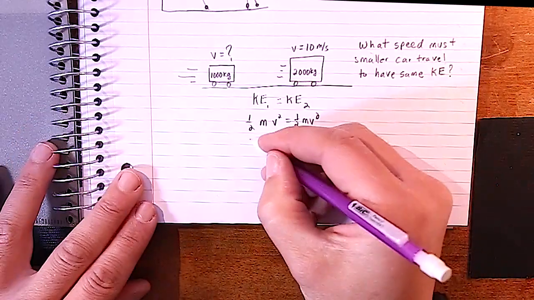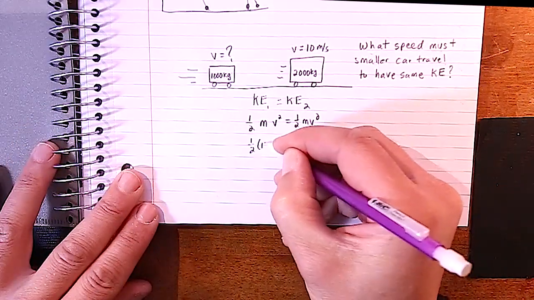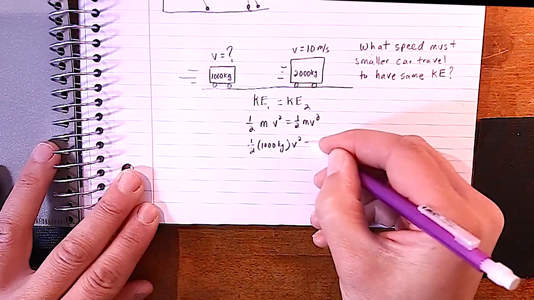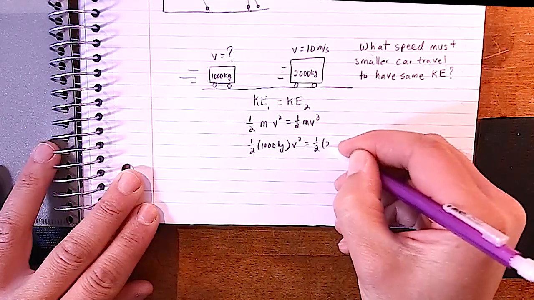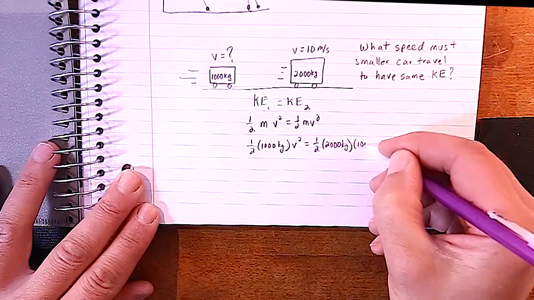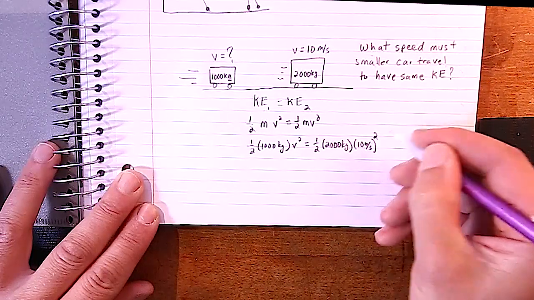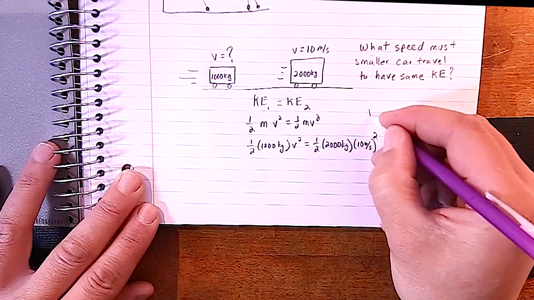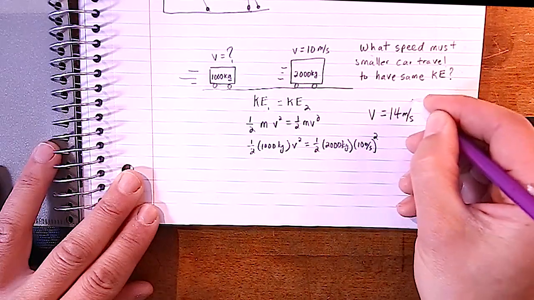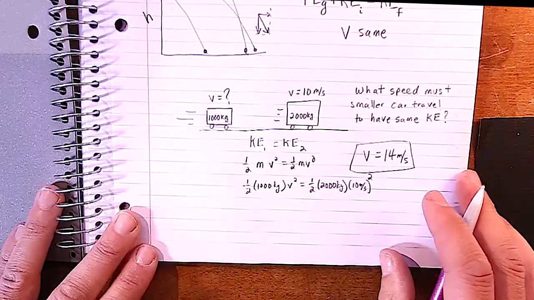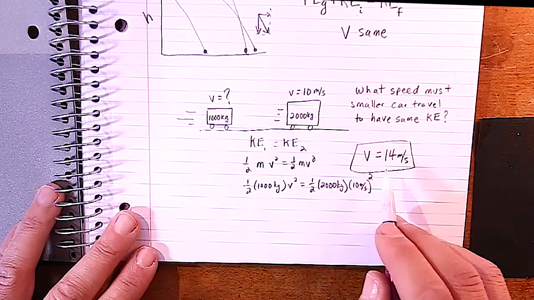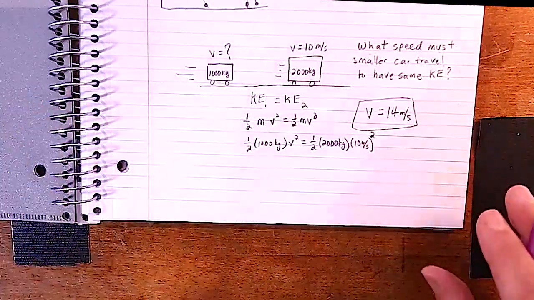And our mass of our first car is 1,000 kilograms, and we don't know how fast it's going, is equal to 1/2 times 2,000 kilograms times 10 meters per second squared. And when we do the math on that, you get a velocity of approximately 14 meters per second. So it makes sense that it has to go faster, but it's not double as fast. It's only 14 meters per second.